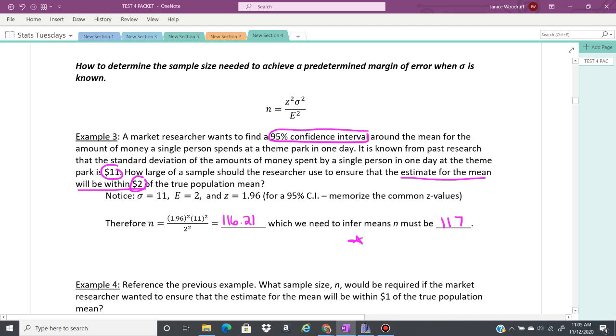We are always going to round up so that we have a large enough sample size. If we had 116, it wouldn't be enough, because we need that 0.21 to be within that margin. So you're always rounding up here, even if it's 116.005, you're going to round up.